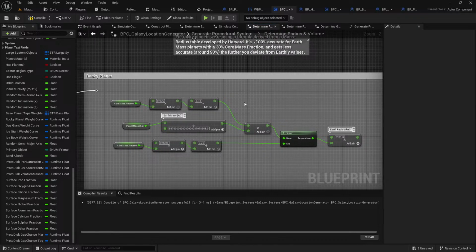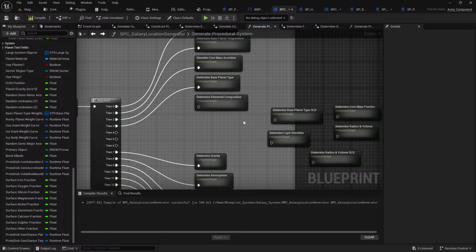So one of the issues I noticed with the planetary data in game, once planets have been generated, is that the density and the radius values are wrong, and therefore the gravity is wrong as well. And that's because we're guessing at what the densities would be for that planet, and then, how better to describe that. So we were taking the mass of the planet, and then we were using the core mass fractions.